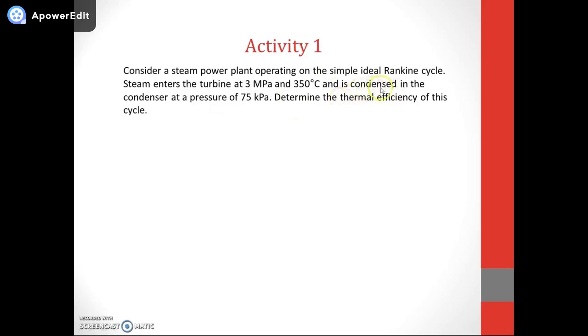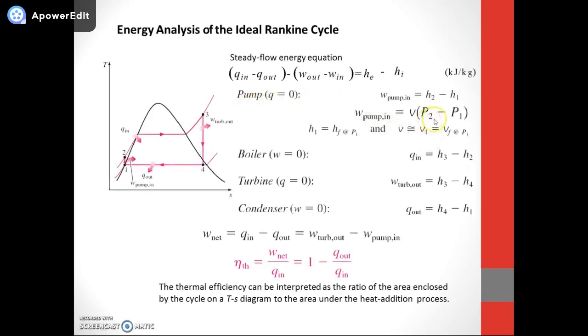What do you have? It's the condenser. You have P1, and P1 equals P4 equals 75 kilopascal. So if you have P1, do you have P2? P2 equals P3. So if you have P3, it means you have P2. So this can be solved. Do you have V, the specific volume?